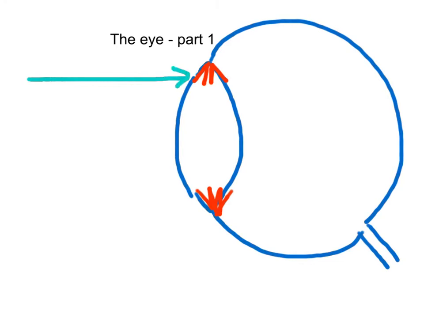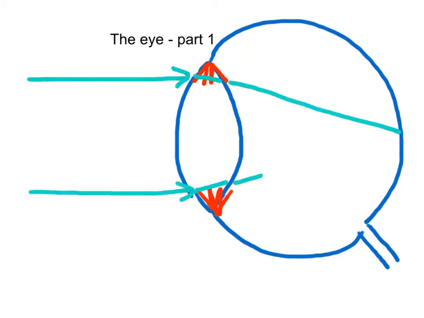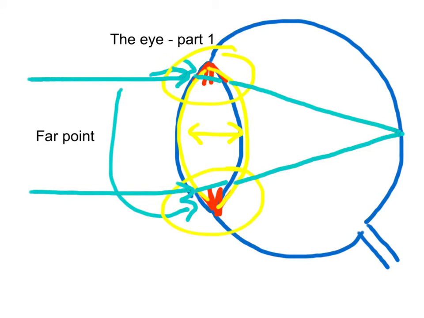They come into the eye like this, and then what the lens of the eye does is it converges these light rays and focuses them, and in the case of a star, for example, it's focusing them to a single point, right? A single point right here. There's a name for this, and it's called the far point. It's when you're focusing on something that is as far away as possible.